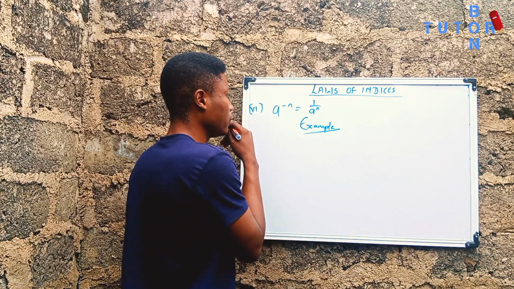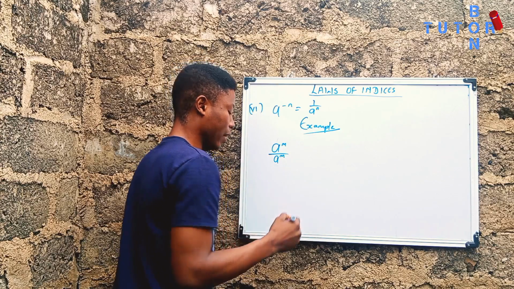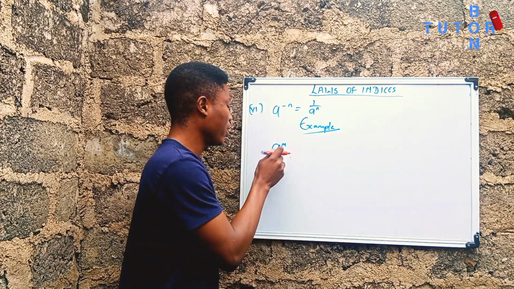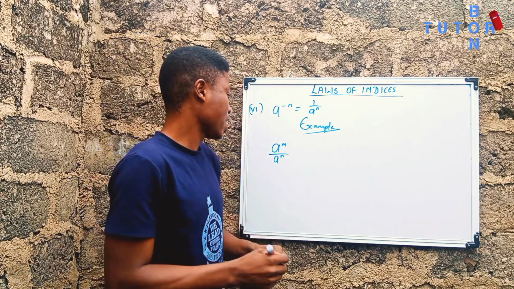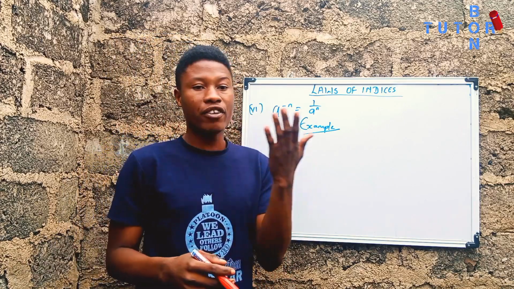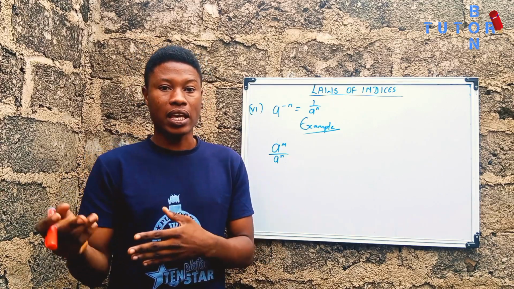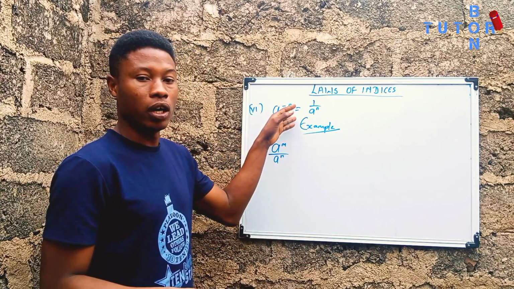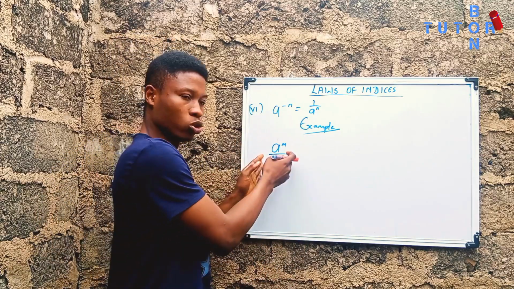Let's say you have a raised to power m over a raised to power n. I want to use this to prove to you that a raised to power m over a raised to power n is equal to a raised to power m minus n, which will be an example to prove that this law really obeys, and also to prove this law.